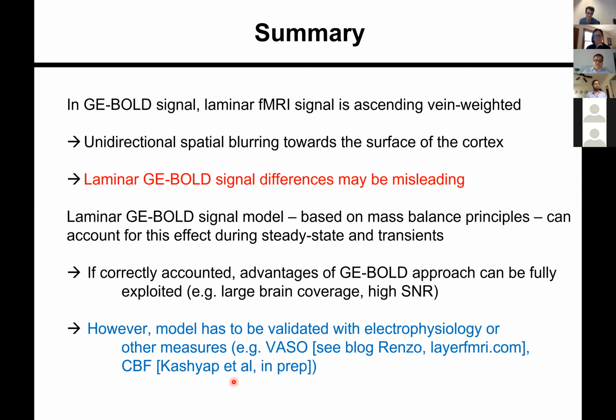And we have used arterial spin labeling blood flow at submillimeter resolution, which we are about to submit. And also there we found, like Renzo, that the model, the spatial deconvolution, gives very plausible results comparable to VASO profiles and blood flow profiles obtained with ASL, which is very encouraging.